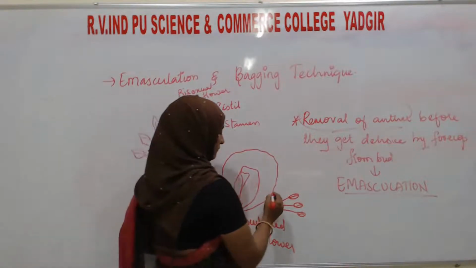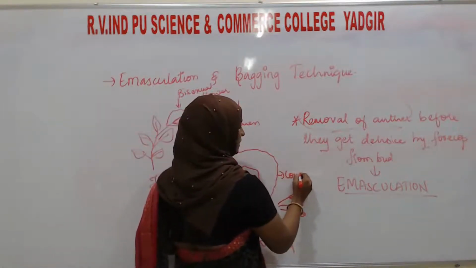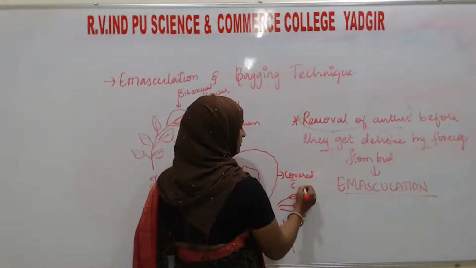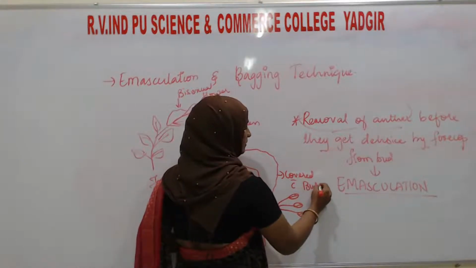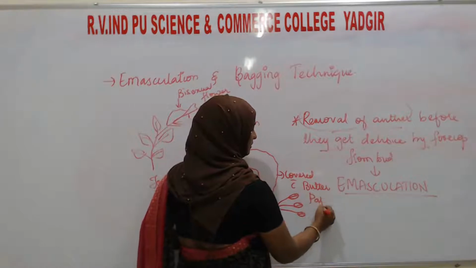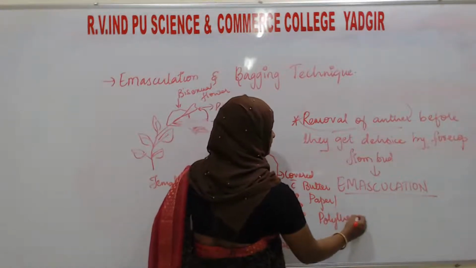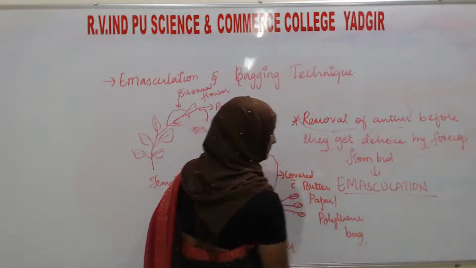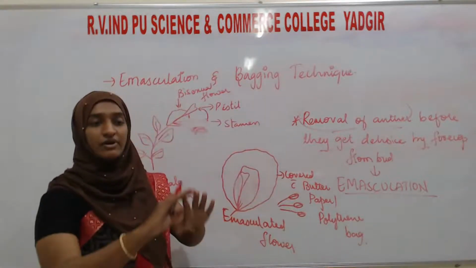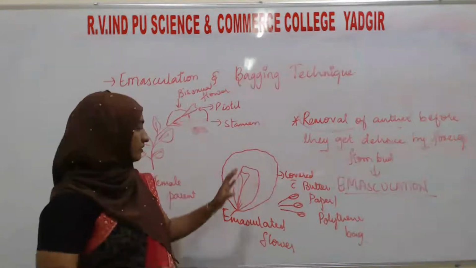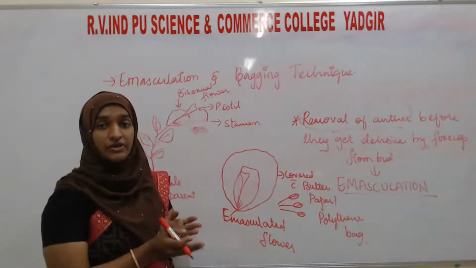See, the emasculated flower is covered with butter paper or polythene bag.